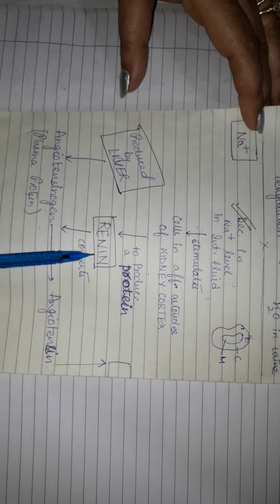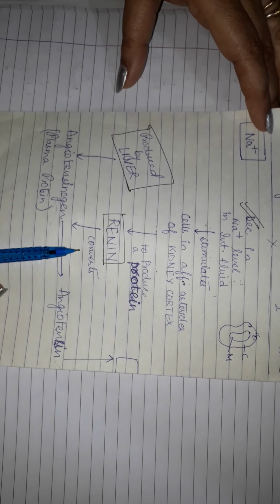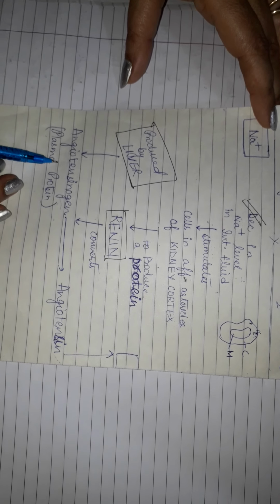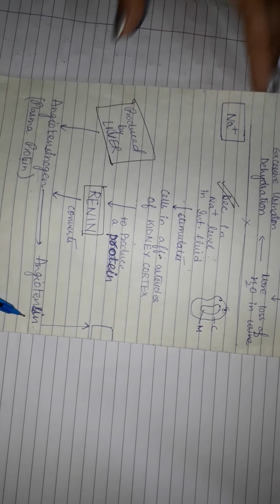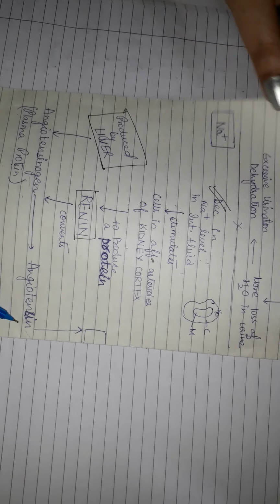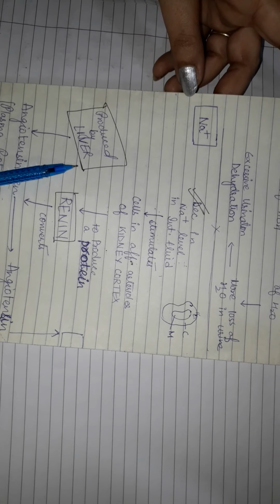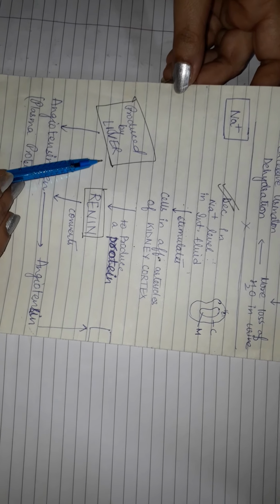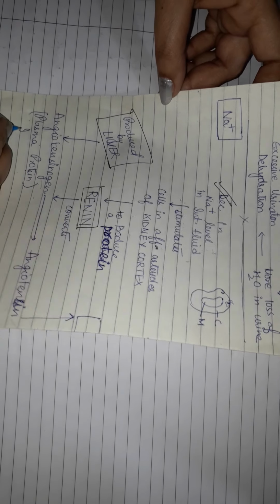Now this renin converts a protein angiotensinogen into angiotensin. Liver produces a protein in inactive form.